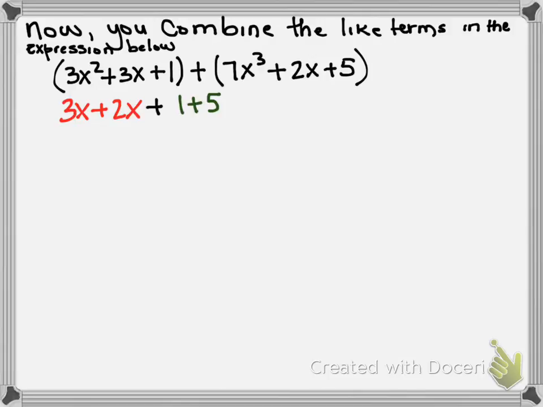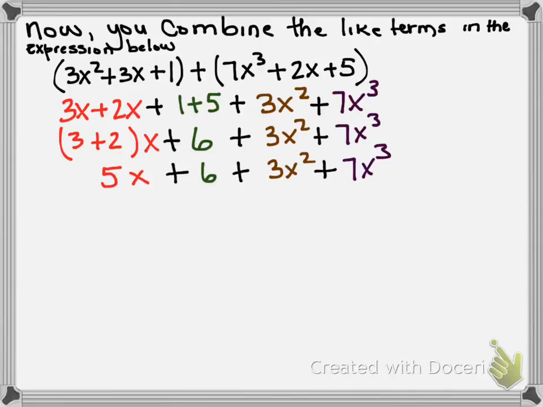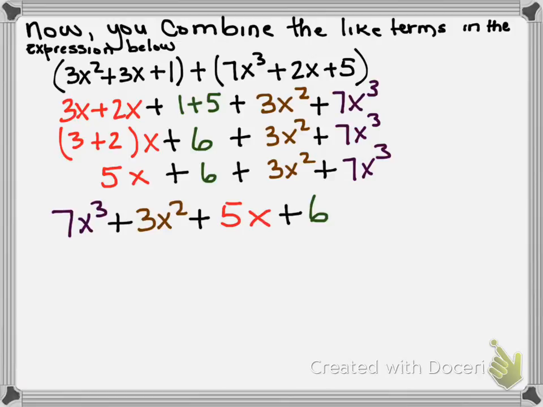These are the steps I expect you to have so you can practice until it becomes second nature. If you have any problem at this point, please do ask questions. You should end up with 7x cubed plus 3x squared plus 5x plus 6.